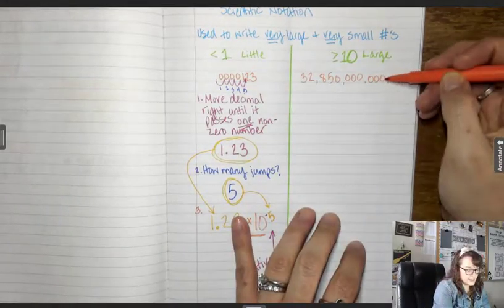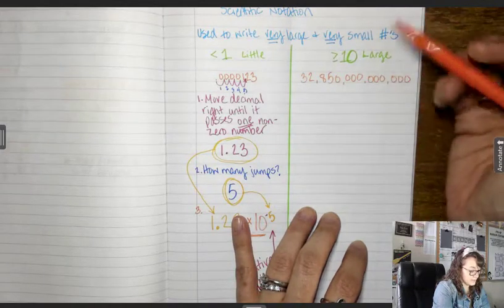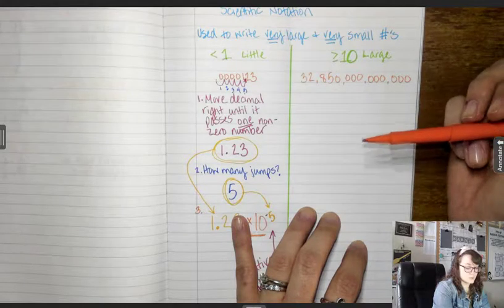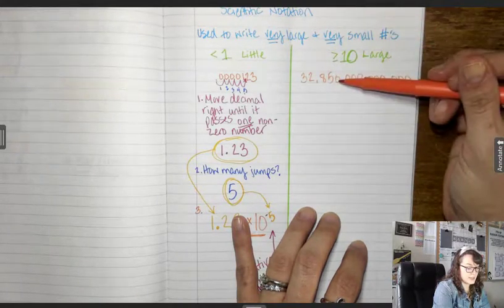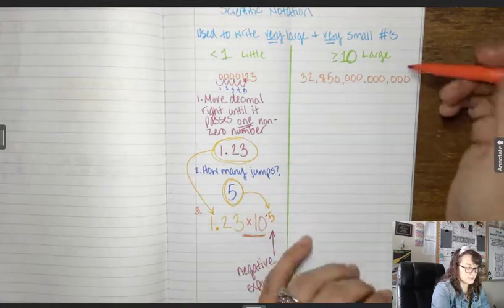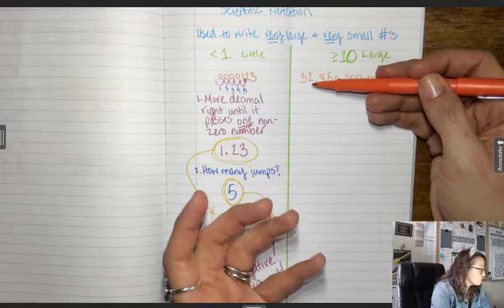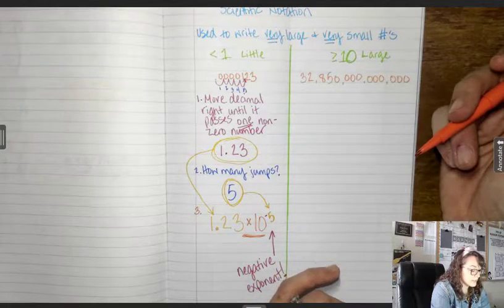So that is 3, 2, 8, 5, and then 10 zeros. I don't even know, that's hundreds, thousands, millions, billions, trillions? 32,850,000,000,000. That's it.